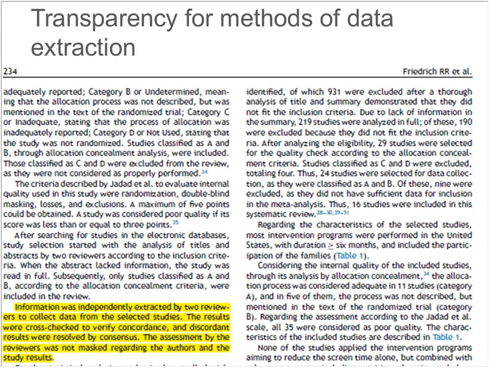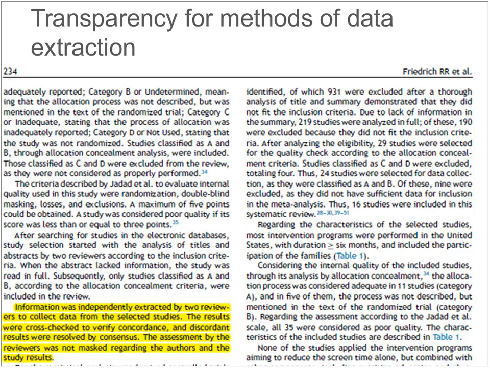Now on page 234, we also want to know about the transparency of the methods of data extraction. One of the key factors that sets a systematic review apart from other types of literature reviews is that you have more than one person making these decisions about which studies make it in, assessing them for quality, as well as extracting the data from each of those studies.